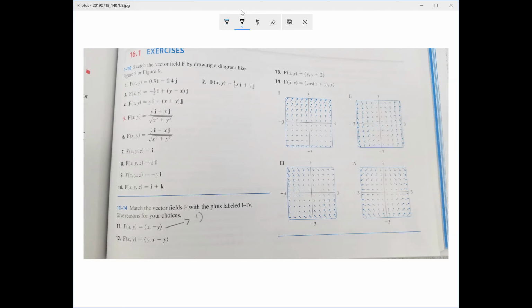Based on this, the x component goes in the positive direction, while the y component goes in the negative direction. So we can eliminate option I, since the first quadrant there is all shooting upwards. For number 11, it's not going to be I.